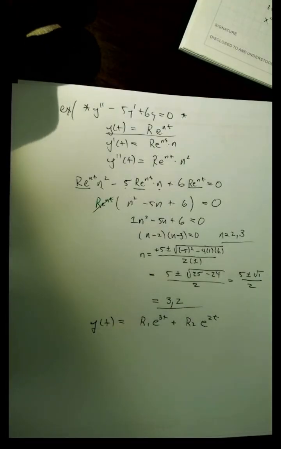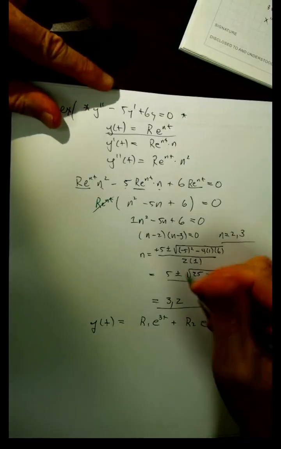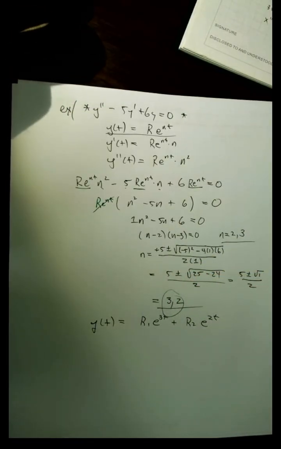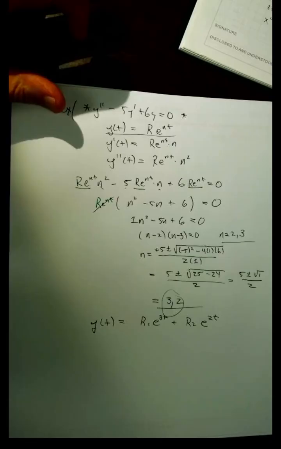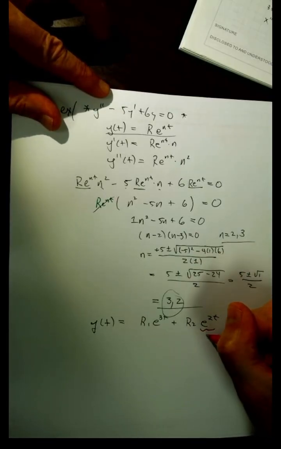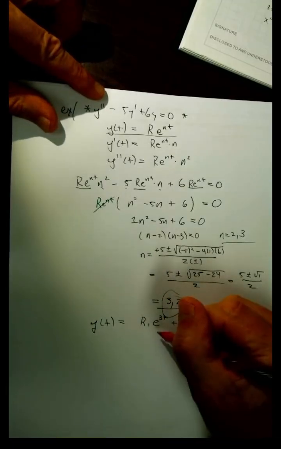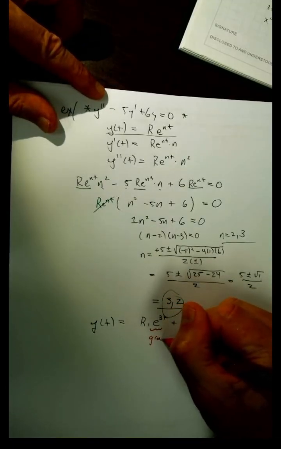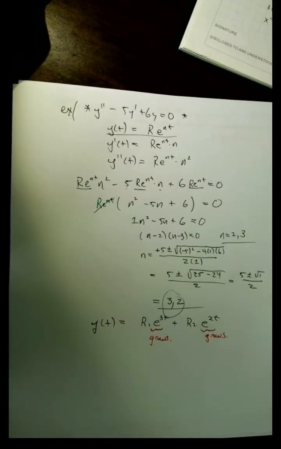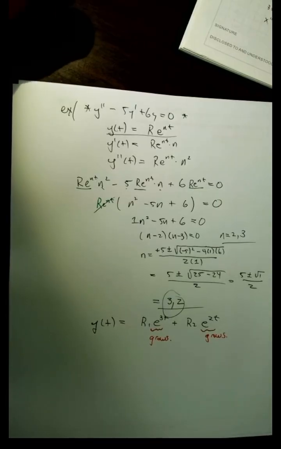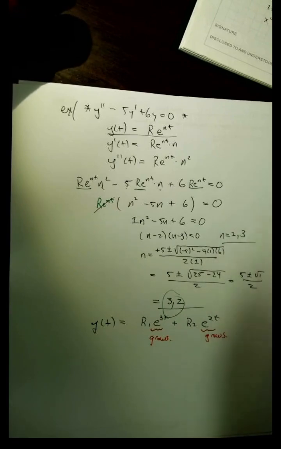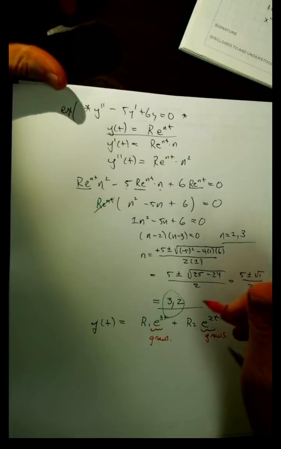Now, it's just as important for you to be able to look at these numbers and understand what this means about the general behavior. This term here grows exponentially like e to the 2t. This term also grows exponentially like e to the 3t. The question is which one grows faster?